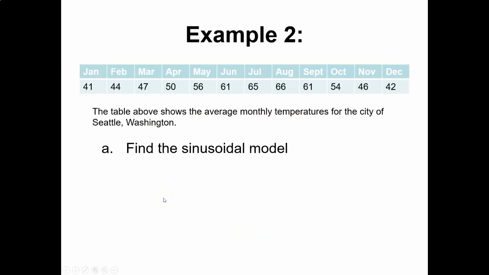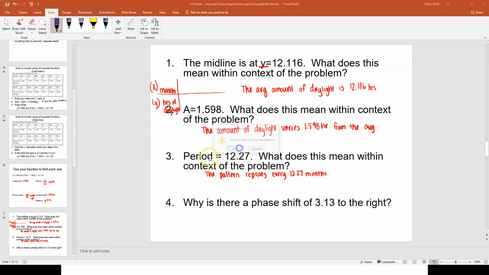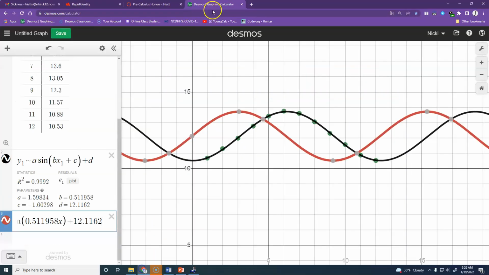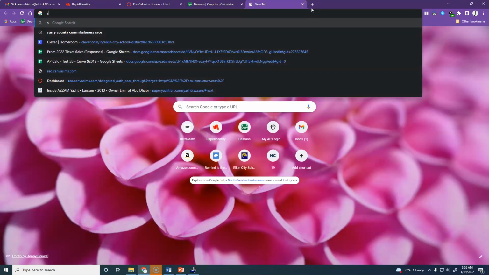So here's our next example. Either on your calculator or on Desmos or both if you want, I want you guys to find the sinusoidal model for this. When you see sinusoidal model, that just means a sine function. Pretty sure sinusoidal can also refer to cosine, let me look that up.